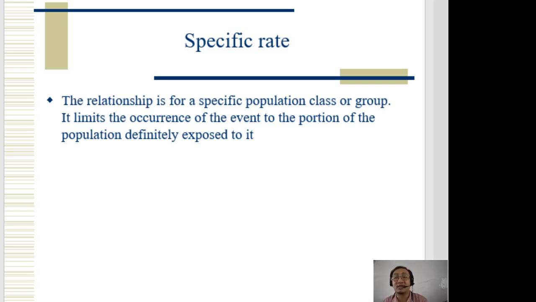It does not expose the whole population to the said vital event, only a class, only a portion of the population. So the events occurring to a specific group are related only to the affected segment of the population, not all of the population.